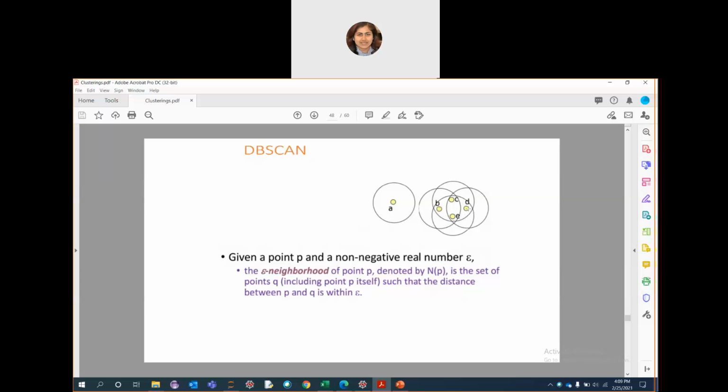With respect to D, if the minimum points are considered as 3, then within the epsilon region we need 3 points to form a cluster together. A is not within the region, and it is also not falling inside the min points range. That is, it is not inside the 3 min points. So that is why we consider A as an outlier. That is how epsilon and min points are considered, and they play a major role while forming a cluster in DBSCAN.